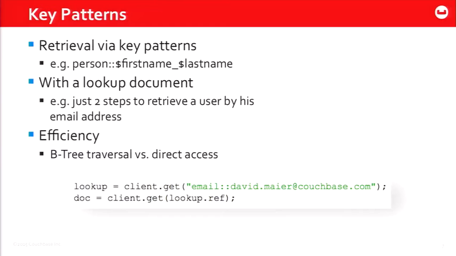And there, lookup or reference documents come in, which means you can easily create another document which has the key pattern email::email address, referencing the original user document, and it's more efficient to query this way. In the first step you get this email reference document, and in the next step the user document.